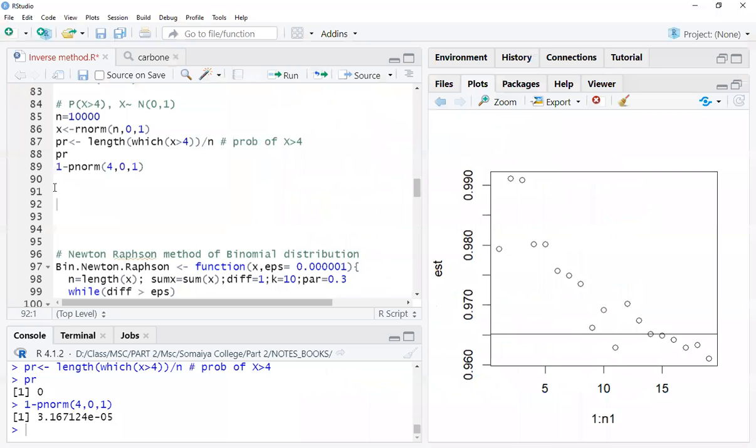Okay. So first part is that let us take the usual expressions.